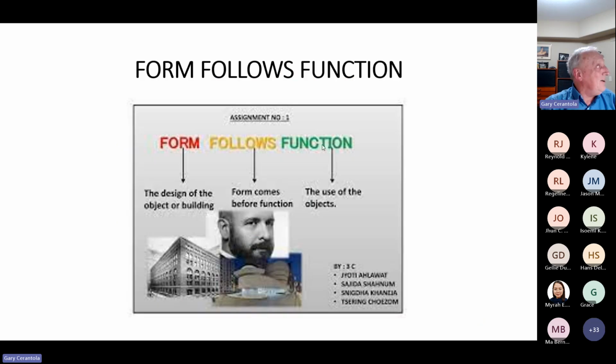Okay, so now I'm just going to repeat myself again, where form follows function. And so the thing is that you want to build a building, but you don't even design that building until you figure out what you want to do in that building. Because if you build a building first, then you don't have things that can accommodate workflow. You don't have things that can accommodate information flow.